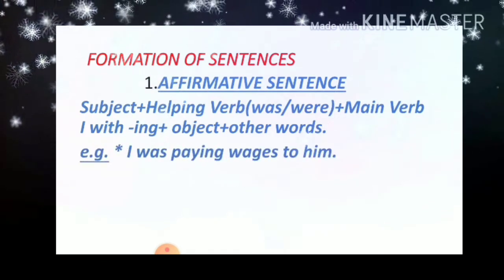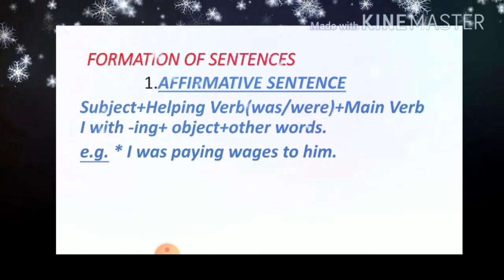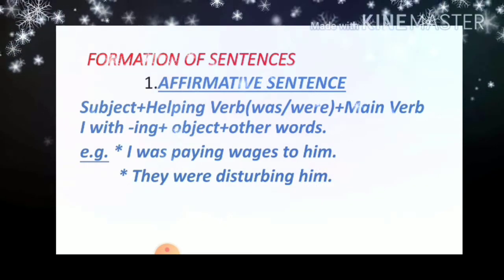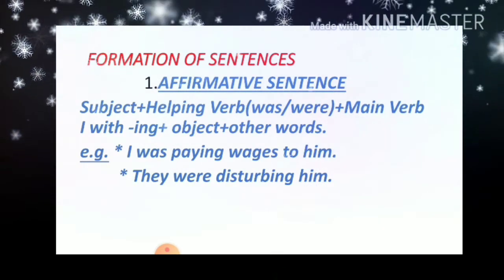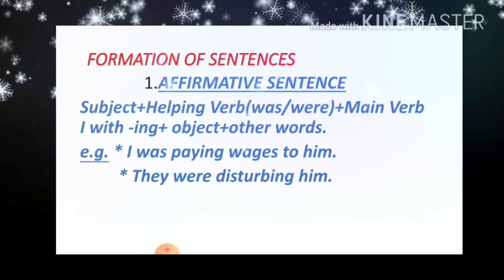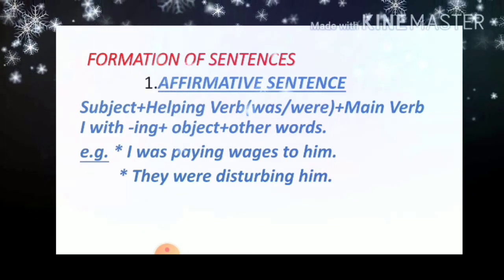These are the examples here: I was paying wages to him. So here was paying is the identification, and the next example is similar: they were disturbing him. So here were disturbing is the identification. Now we have to move on to the next part. I hope you are understanding this structure.